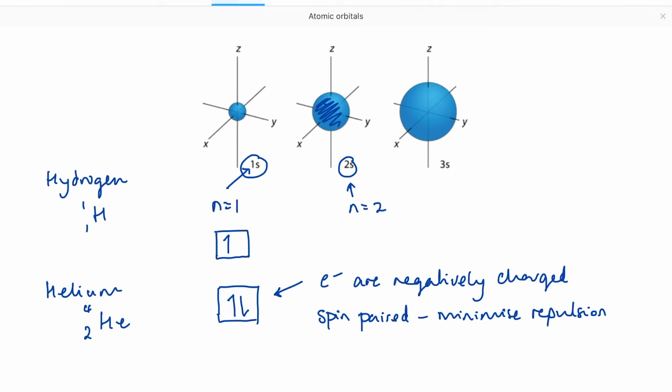And what spin paired means for the actual electrons is that one is rotating anti-clockwise and the other is rotating clockwise on its axis. Okay, so spin pairing of electrons.